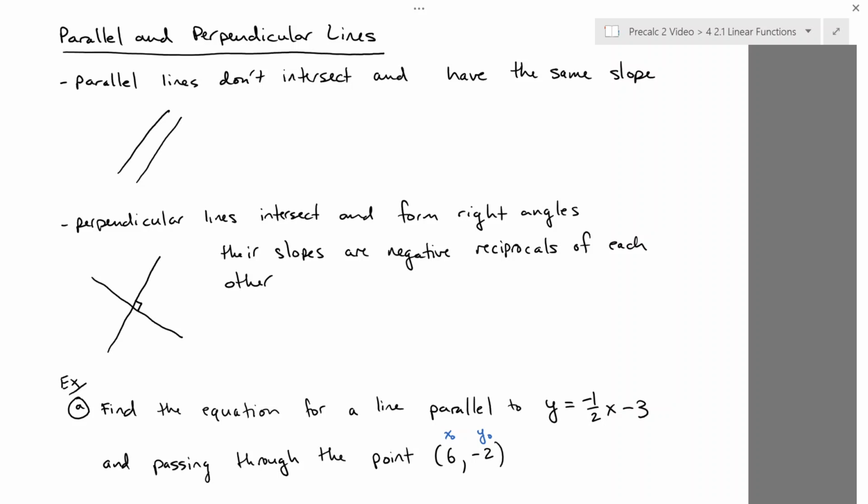Okay, and then the other type of lines are perpendicular lines. Perpendicular lines are two lines that intersect and form 90-degree angles. The way we can identify perpendicular lines is that their slopes are negative reciprocals of each other.